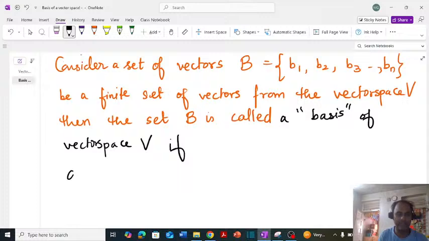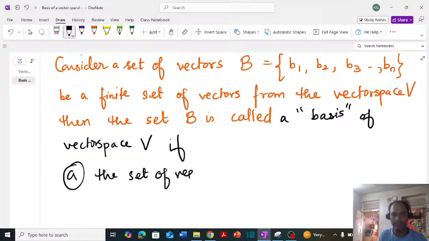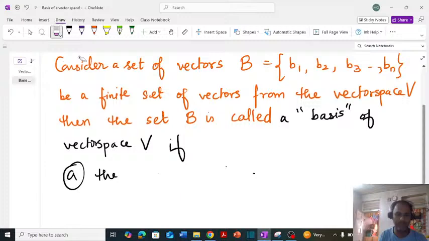The first condition is that the vectors in B are linearly independent.